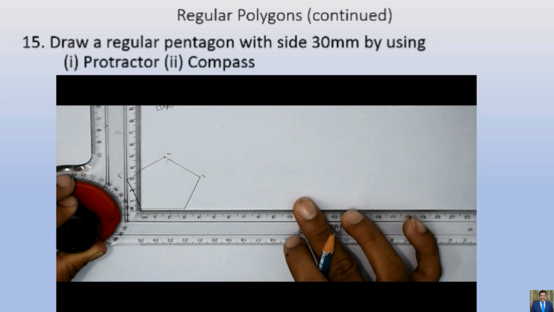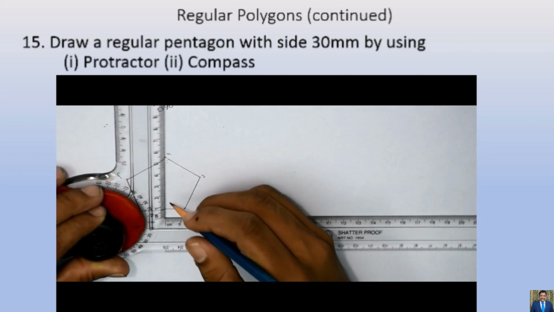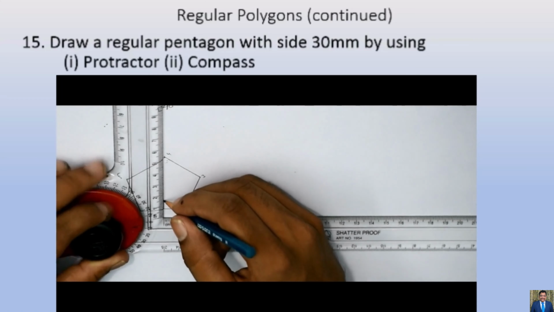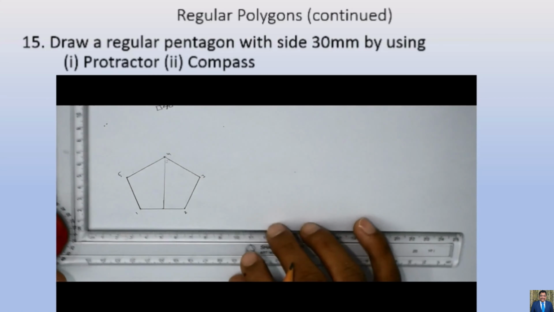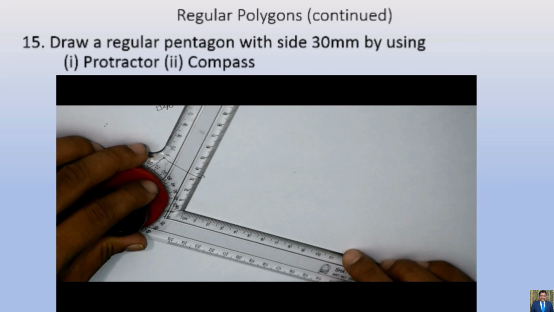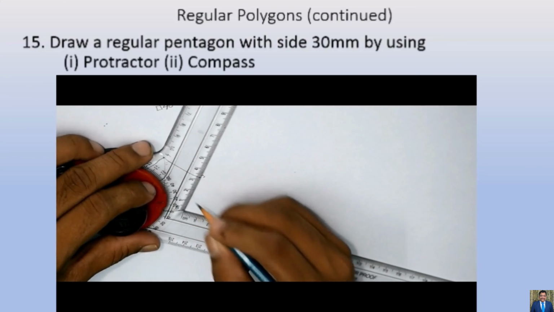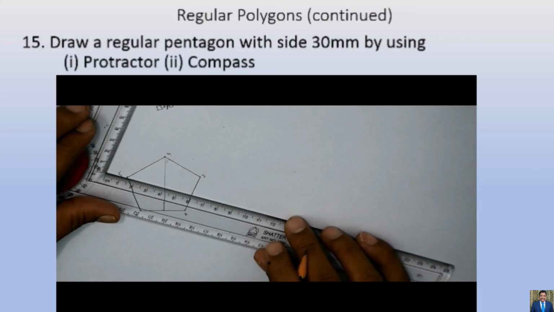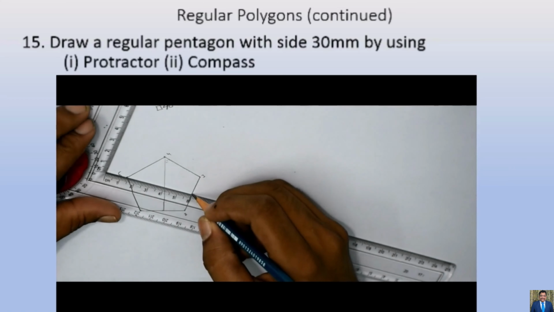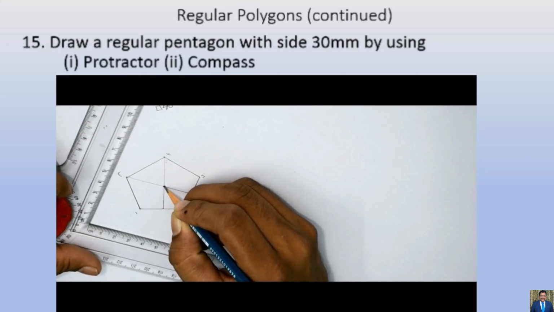And to get the center point, from the center of any line, that is 30 by 2, 15, join the opposite corner. This is the easiest way. And from any other line, take 30 by 2, 15 and join the opposite corner. So this is going to be our center point.